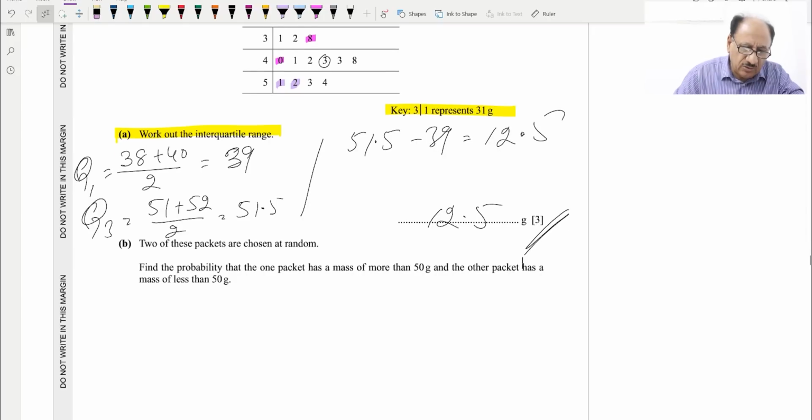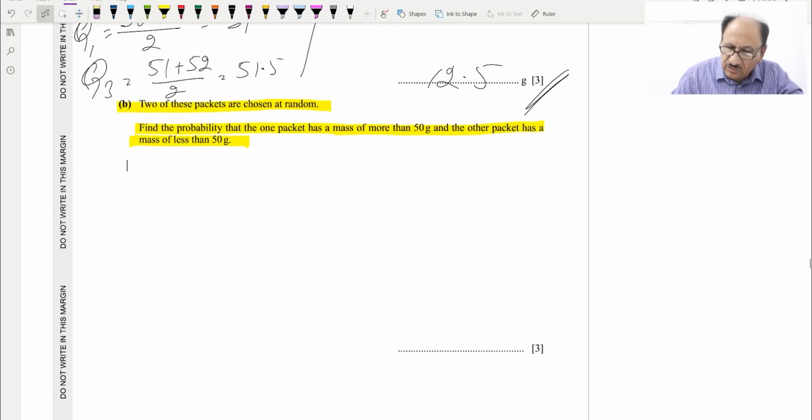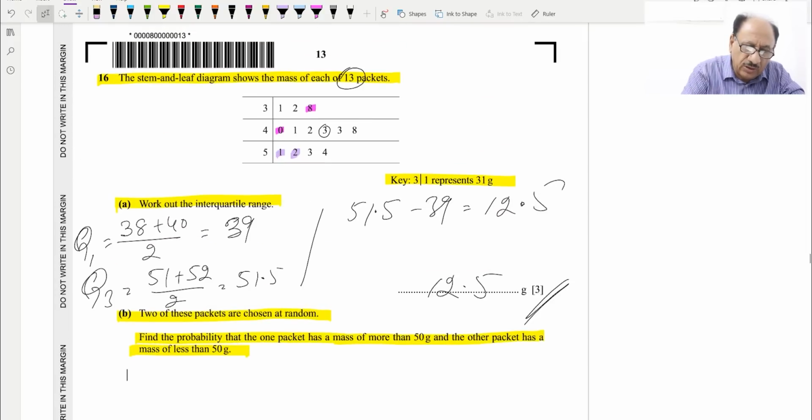Now they are saying two of these packets are chosen at random. Find the probability that one packet has a mass of more than 50 gram and the other packet has a mass less than 50 gram. And this is a 3 mark question. So more than 50 gram will be what?